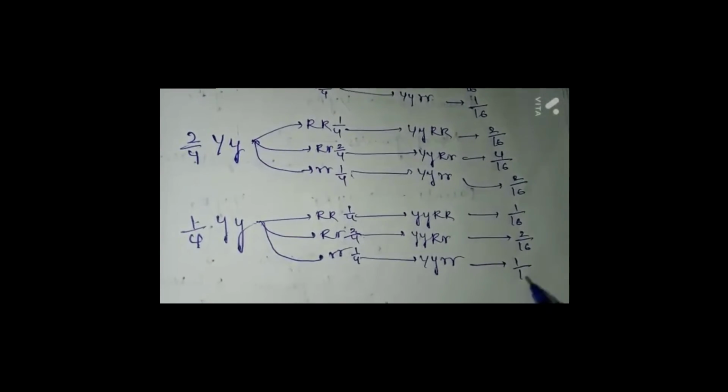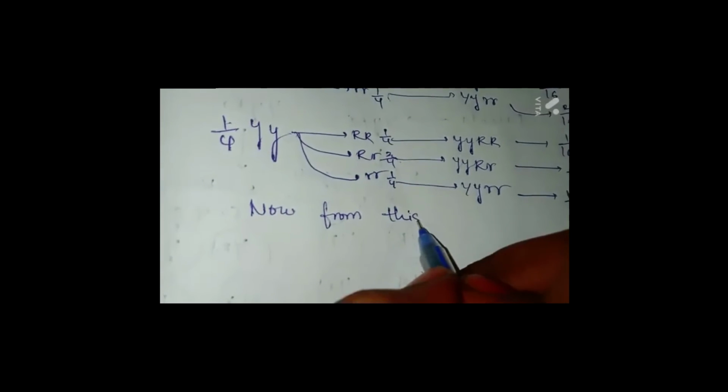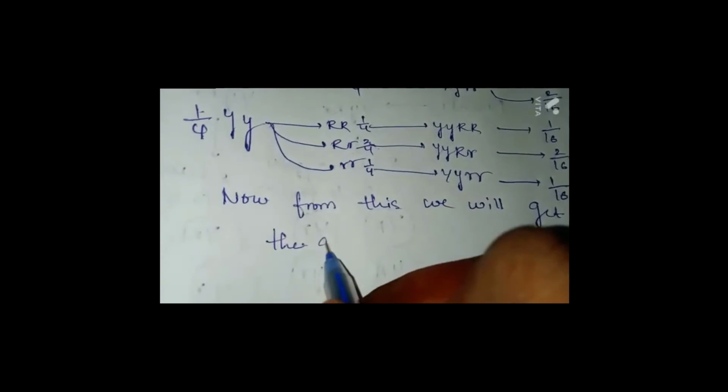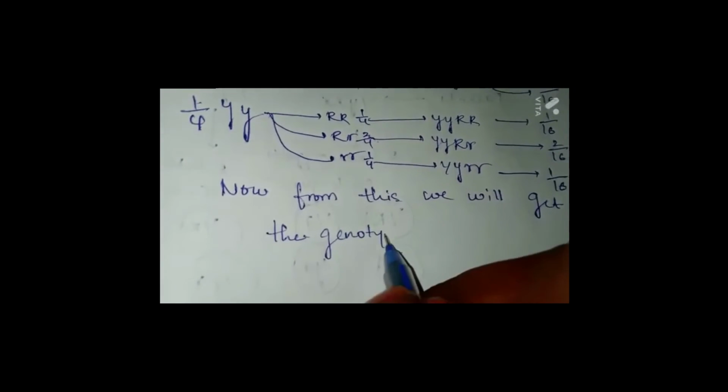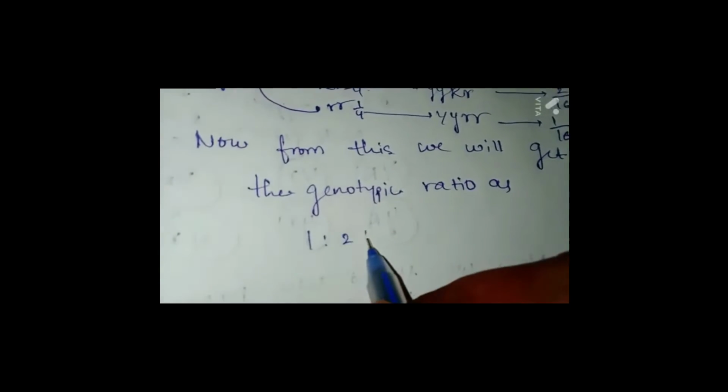From this, we get to know the genotypic ratio of the F2 generation of the Dihybrid Cross. It is written as the ratio of all the progenies we get from the F2 generation. It will be in the ratio 1:2:1:2:4:2:1:2:1.